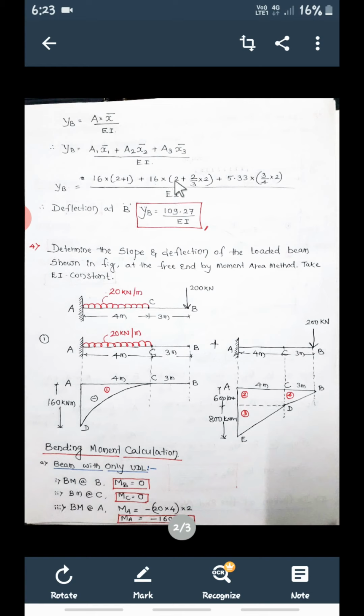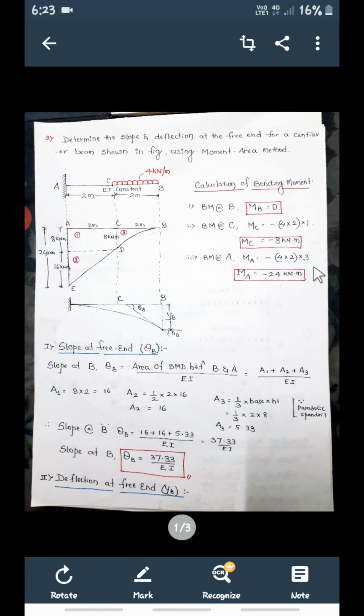Then similarly A2 is already calculated, 16, into x2 bar. Now x2 bar means again from B to the centroid of this triangle. From here to here is 2 meter.